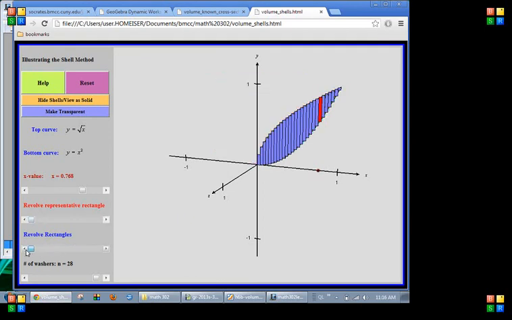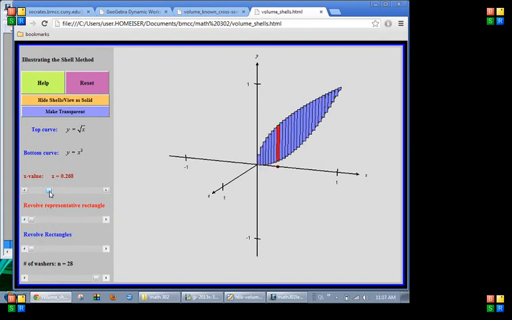What I'm saying is, at this x value, I get this slice, and it has an area. At this x value, I get this slice, and it gives me this area or this thin volume.